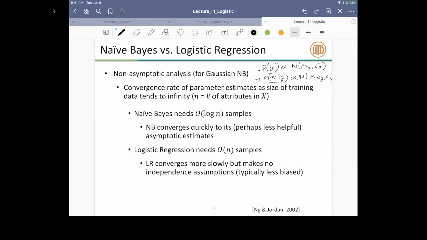This analysis was done for a Gaussian distribution, but I think the same applies for the discrete case as well. It turns out that logistic regression requires order n number of samples. So logistic regression converges slightly more slowly, but it does not require an independence assumption, and oftentimes it can perform much better.